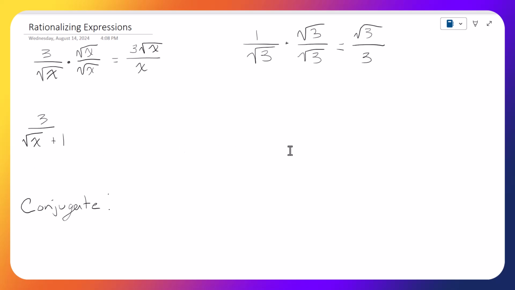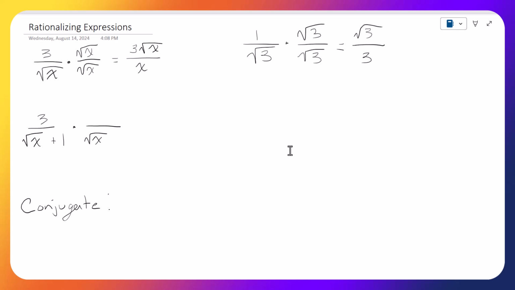So the question is, what can we do to get rid of that square root? Well, we know that if we multiply by the square root, that makes it go away.